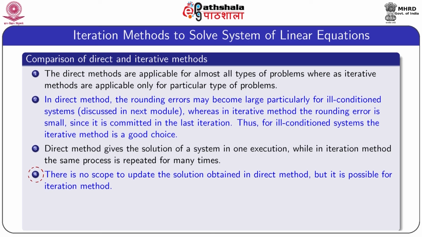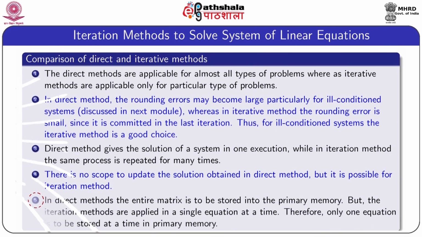In direct methods, the entire matrix is to be stored in the primary memory, but the iteration methods are applied at a time to a single equation. Therefore, only one equation is to be stored at a time in the primary memory of the computer.